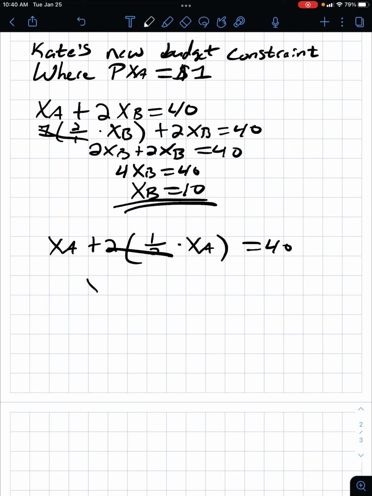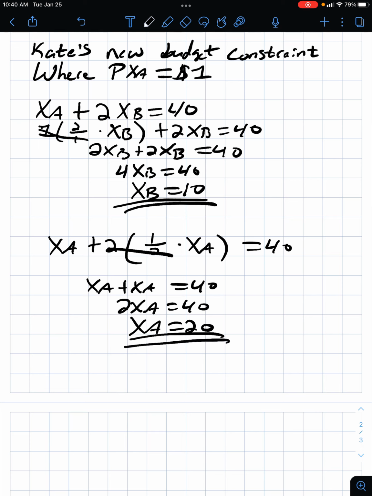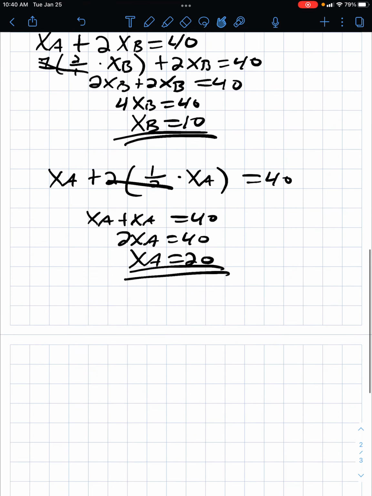Let's cancel: x of a plus x of a is equal to 40. So 2x of a is equal to 40. x of a is equal to 20, which makes sense. Her demand would increase for apples since the price decreased. She wants to consume more.